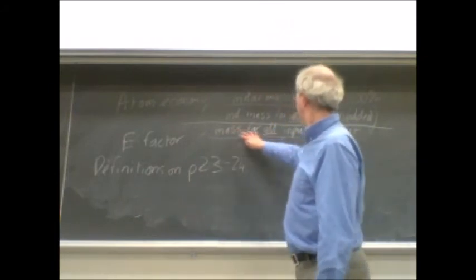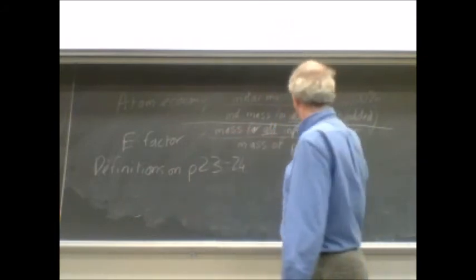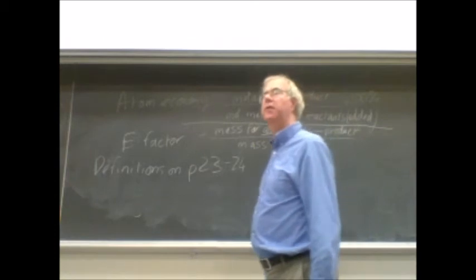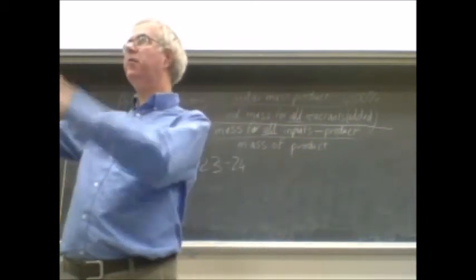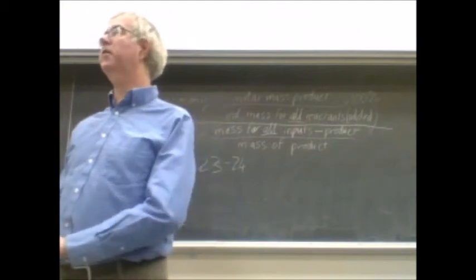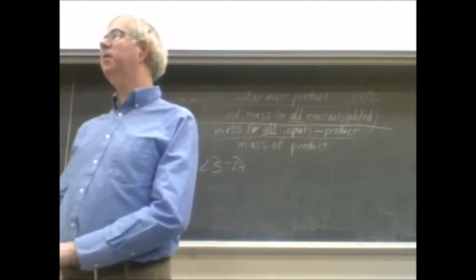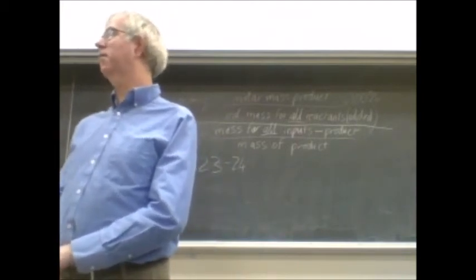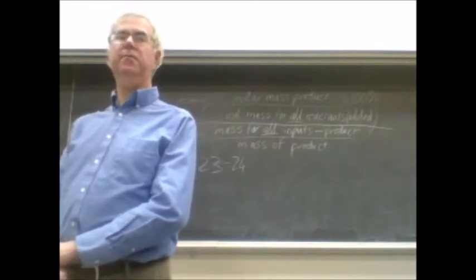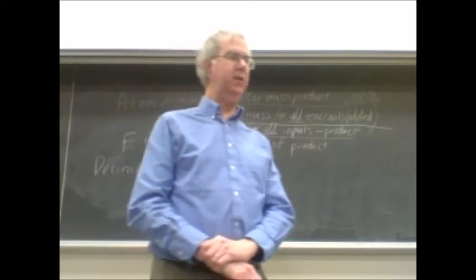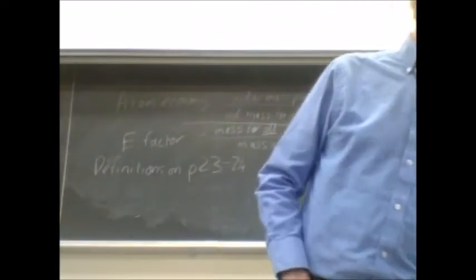What we weigh is what we put in and the product that we got out. If you put in 100 grams and you get 10 grams of product out, then the waste must be 100 minus 10, so it's 90 grams of waste. All right. Are there any questions on those?